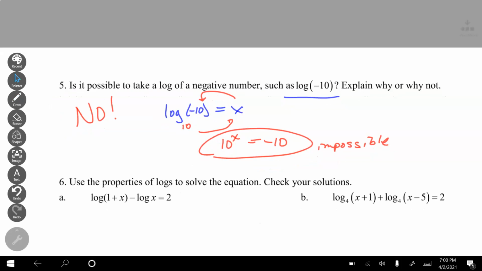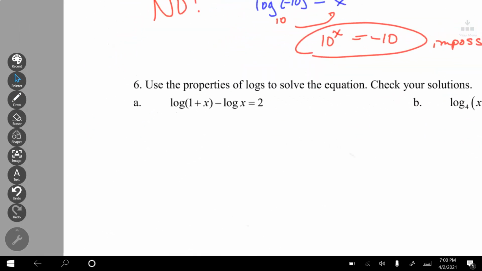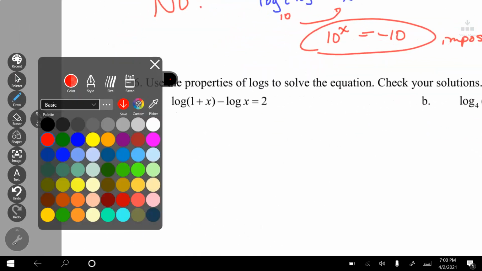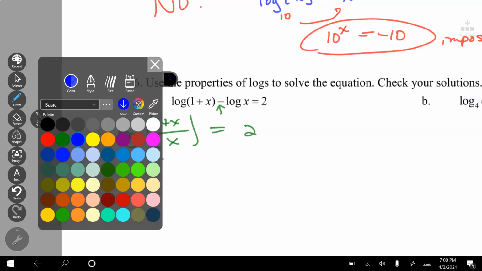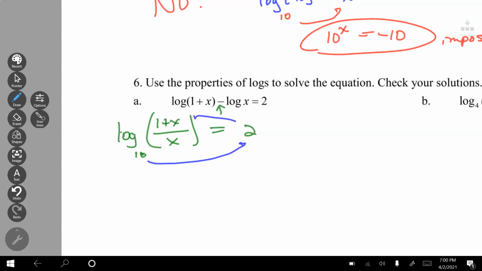So for this example, let's see what we got here. We're going to use our properties. I see a minus sign here. That means I could do log of 1 plus x over x, because I can divide the quantities when I subtract logs, is equal to 2. I didn't see a number here. Oh yeah, it's 10. Now I could curl this. I get 10 to the second is equal to 1 plus x over x, and 10 to the second is 100.